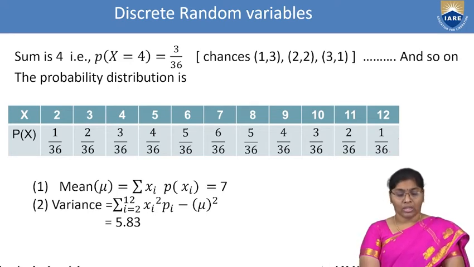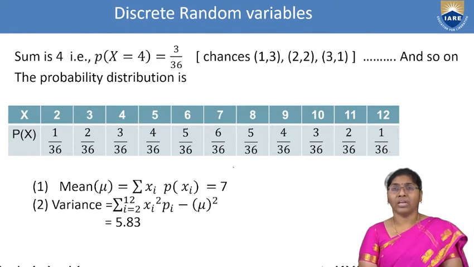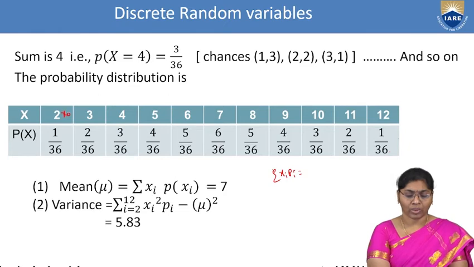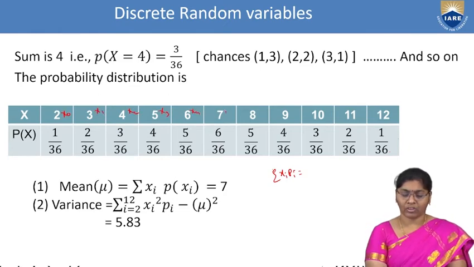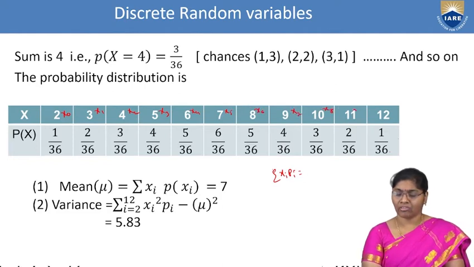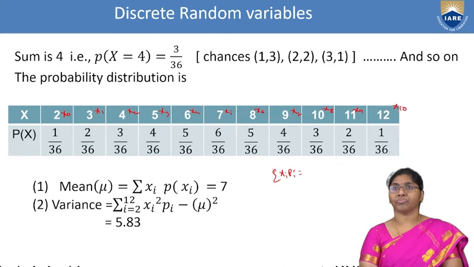Now they are asking about the mean and variance. Mean mu equal to summation of xi into pi. Here we have x naught, x1, x2, x3, x4, x5, x6, x7, x8, x9 and x10. These are the arrangement of x.